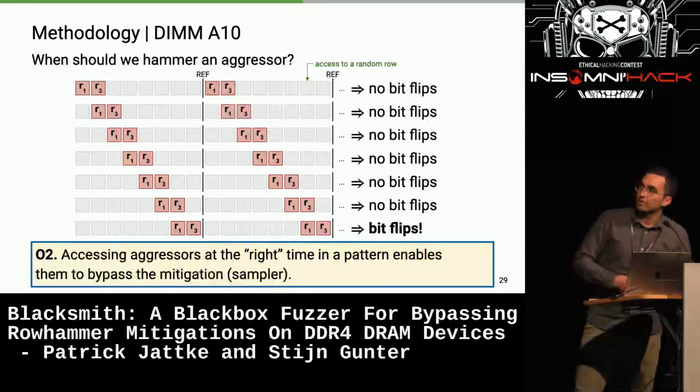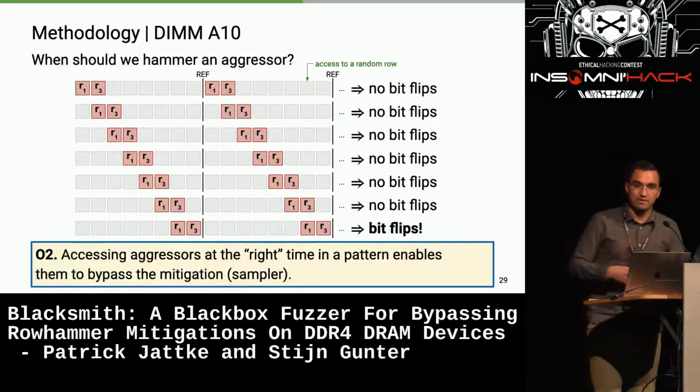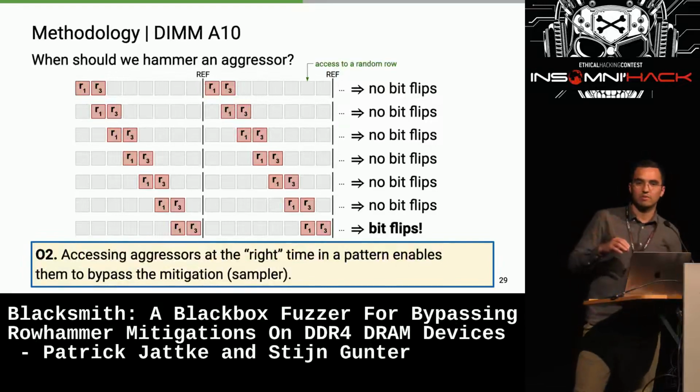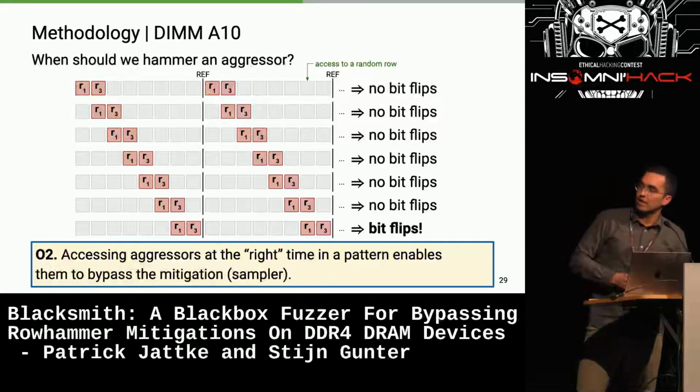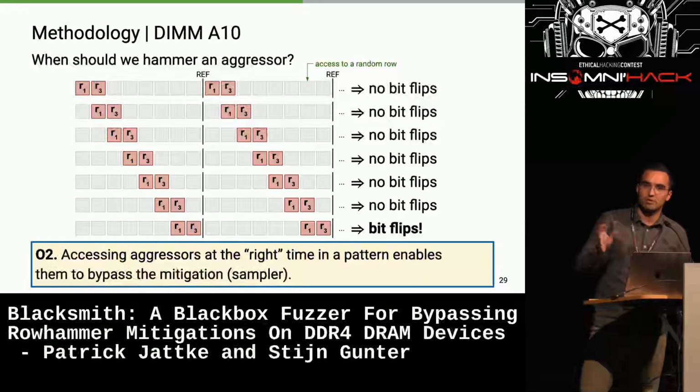You can measure, so for the refresh, you can measure the access latency. You will see that when a refresh happens, the access latency has like a peak, and then you can detect when the refresh happened. And for the addressing, this part I skipped before because there is existing work that shows how you can use bank conflicts as a side channel to reverse engineer these addressing functions.